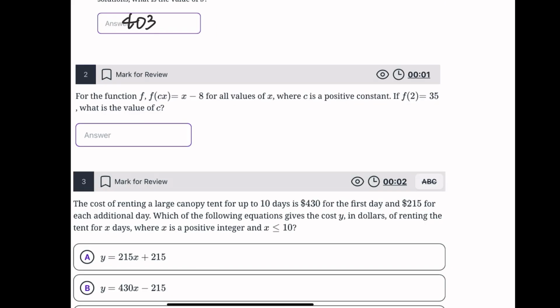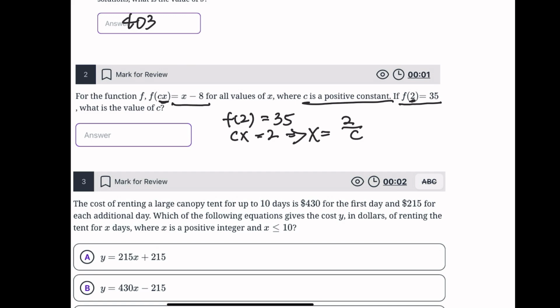For the function f of cx is equal to x minus 8, c is a positive constant. If f of 2 is equal to 35, what is the value of c? So we essentially just plug in f of 2 is equal to 35. So cx has to be equal to 2, which means that x is equal to 2 over c.